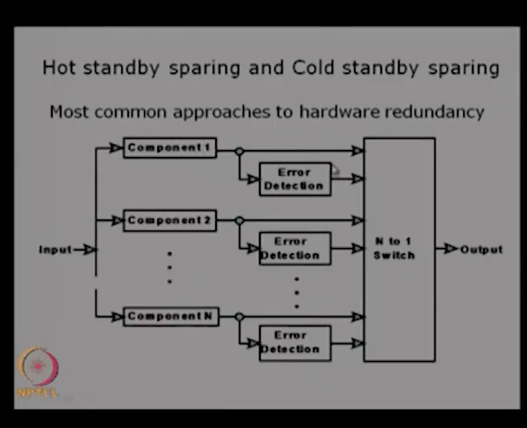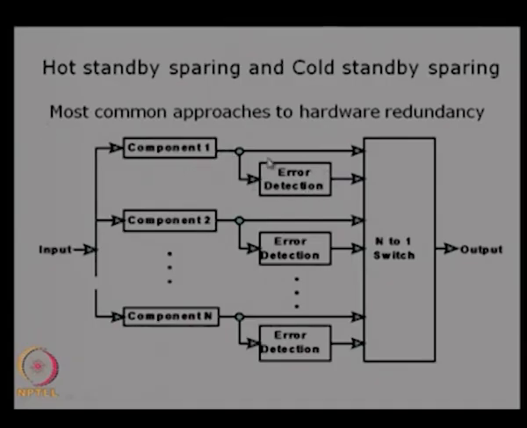And then there is an error detection function over here. The role of this error detection component is basically to look at the output from the component and compare it with a predefined value or a set value. This algorithm will have a predefined value, like the expected temperature, expected pressure, or expected time of processing, and it will check whether the output from component 1 is the same or not.